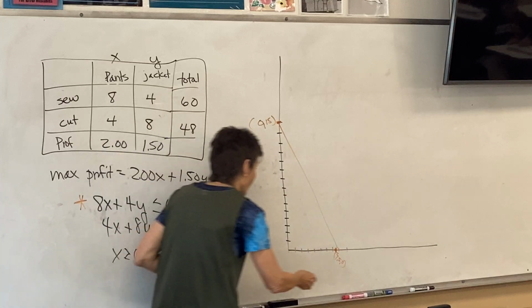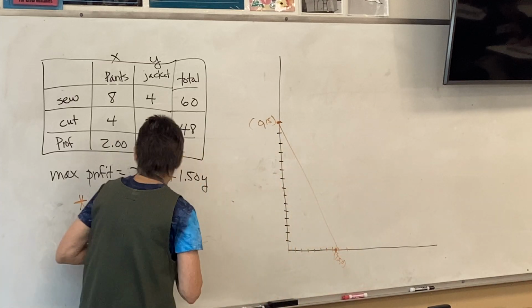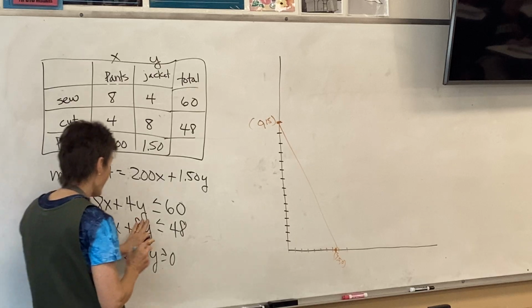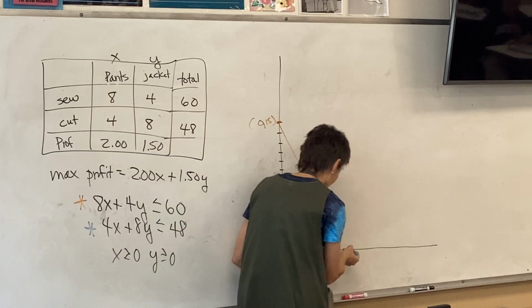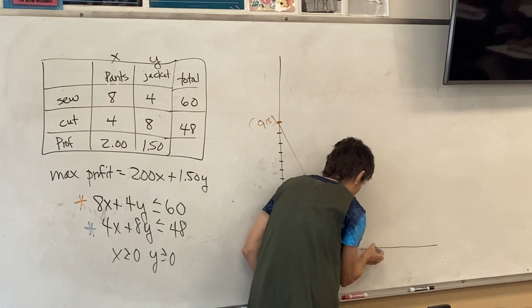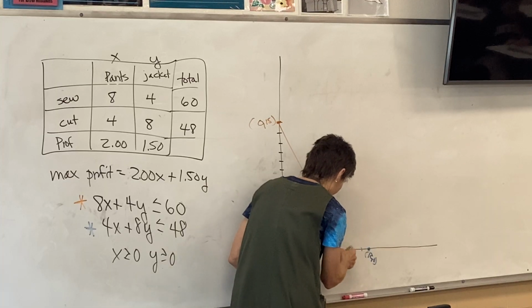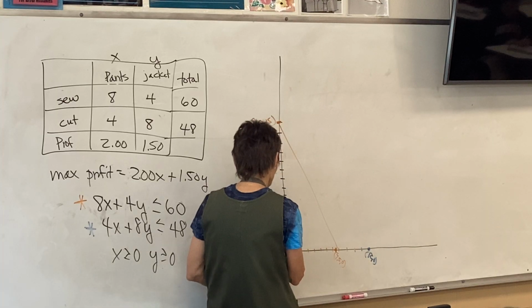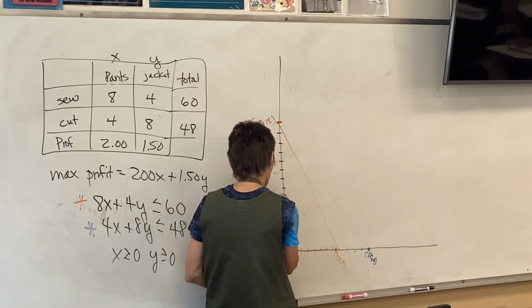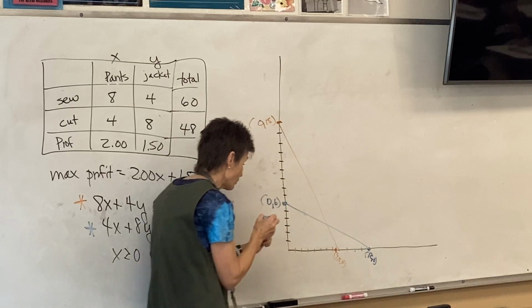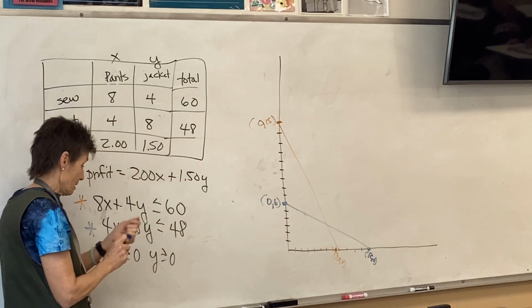All right, so now with my blue marker, I'll do this one. So cover up y, x is 12. Cover up x, y is 6. And that one is also shaded below.